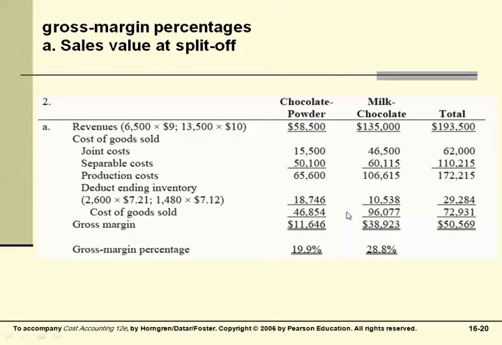Revenues minus cost of goods sold will result in gross margin. Gross margin amount divided by revenues will result in a gross margin percentage of 28.8%. And this is our first method.